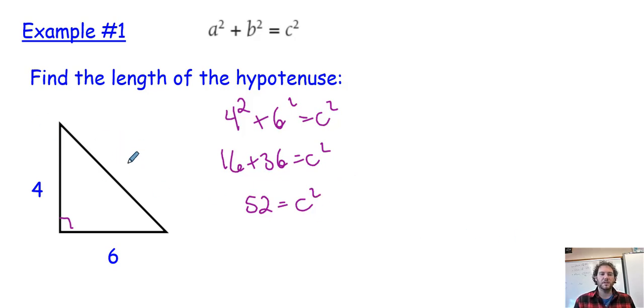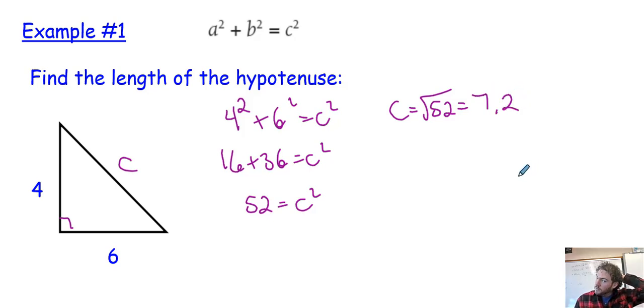Now, this side length right here is c, not c squared. So in order to find the length of c, what we need to do is take the square root of 52. And if we think back to taking the estimations of square roots, that's about 7.2, give or take. If you wanted to grab a calculator and check that, you're more than welcome to. Okay, so what we'd say is that side length c here is about 7.2 units long.